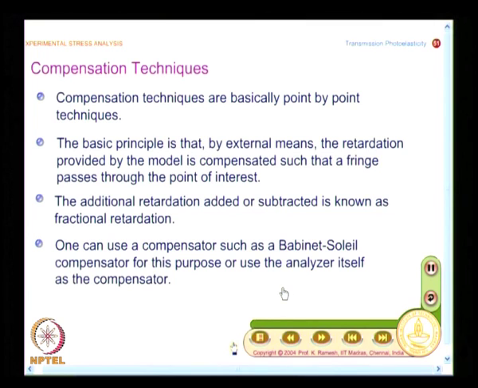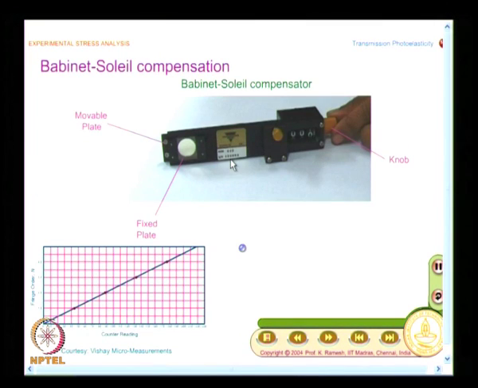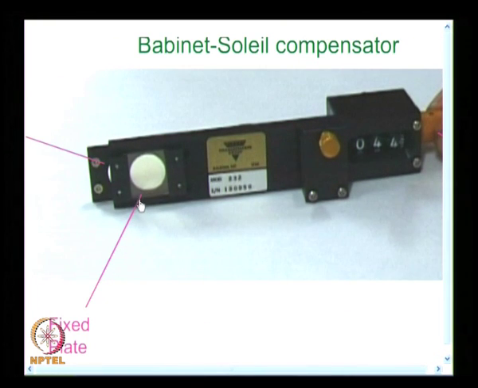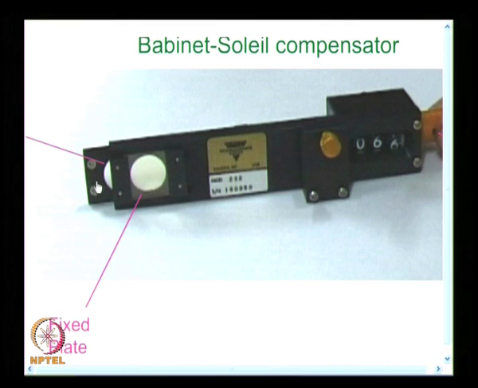And you have ready-made equipment available for Babinet's-Soleil compensation, and you can see here I have a window and I have another plate that is coming out. So, I have a fixed plate and I have another plate which moves, and you can also see that there is a counter. So, this is a commercially available Babinet's-Soleil compensator. This is from Vishay Measurements Group, and what you have here is two elements, one element is stationary, the other element moves.